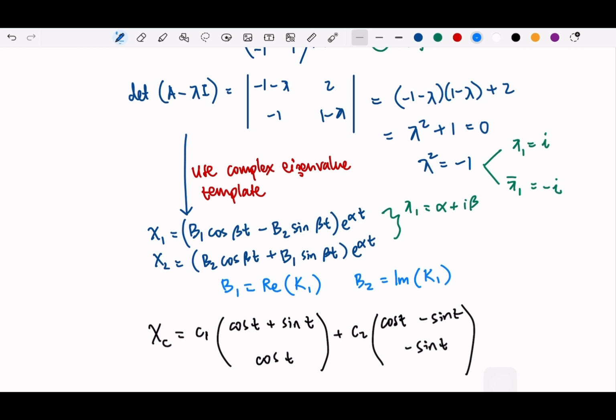So the eigenvector we split into the real part of the eigenvector and the imaginary part. The real part we say is b1, and the imaginary part will be b2.